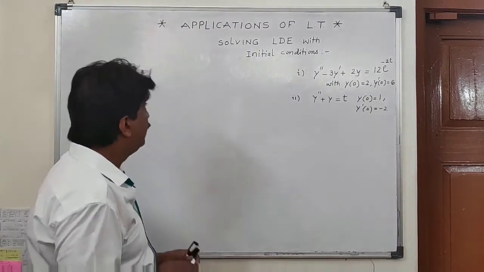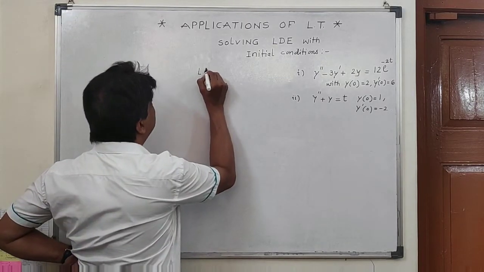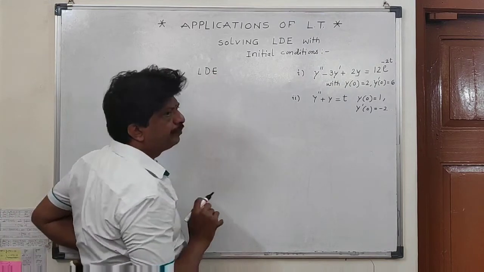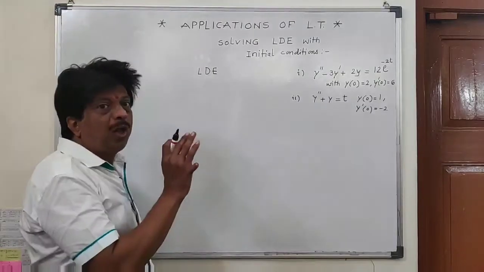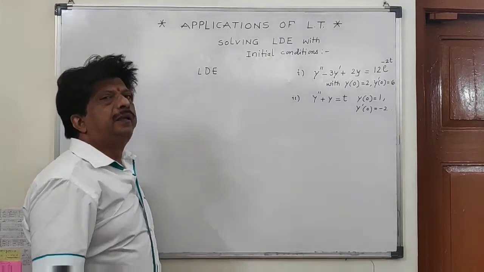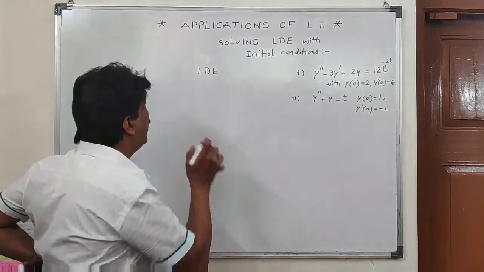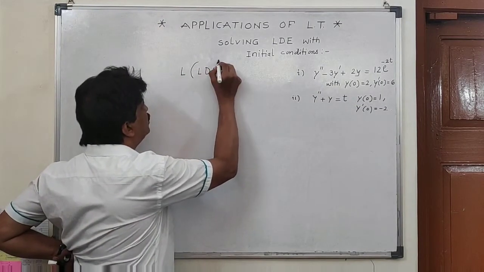If a certain differential equation is given to us, how do we solve it along with the initial conditions? The first step is to take the Laplace transform of that differential equation, both sides.